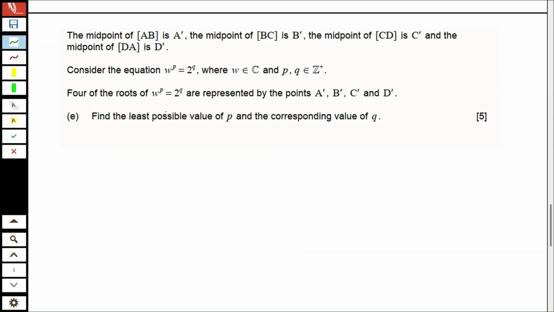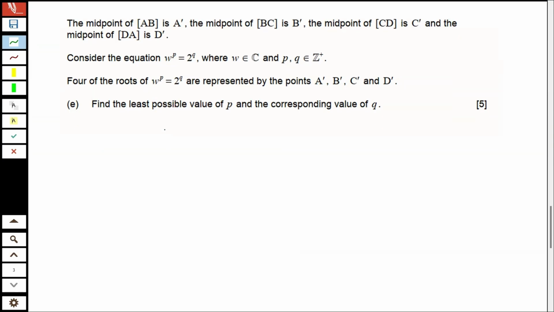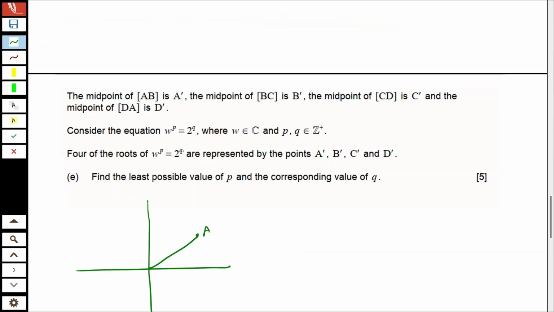So, what's the midpoint of these complex numbers? We know that A was here, right?